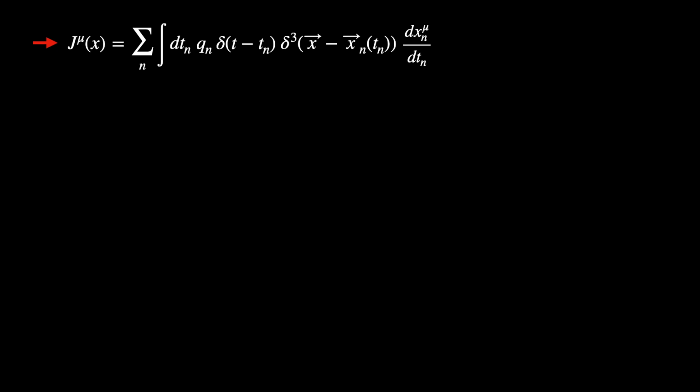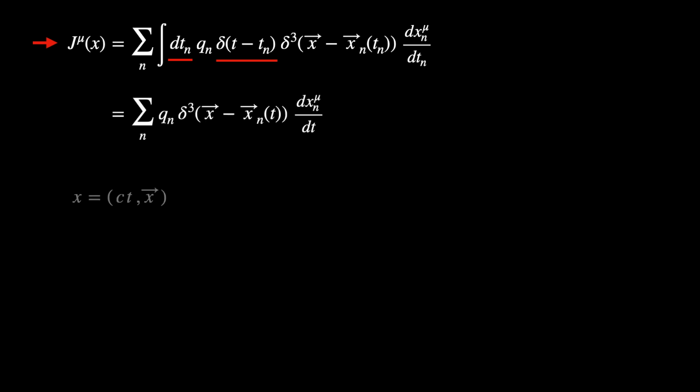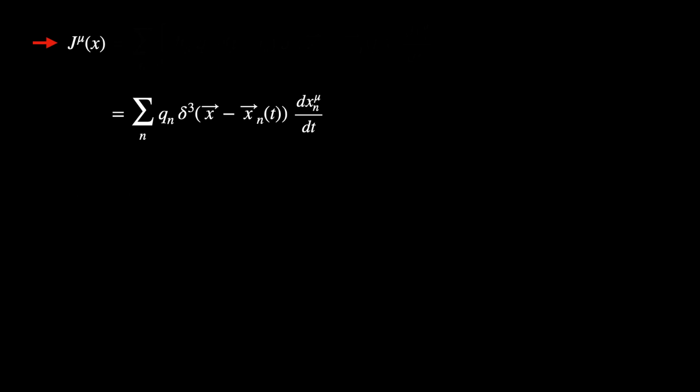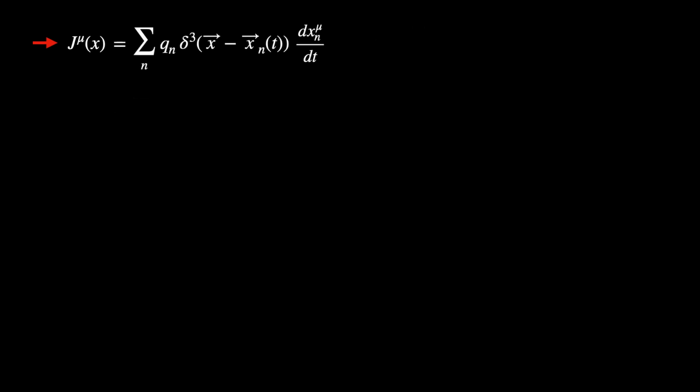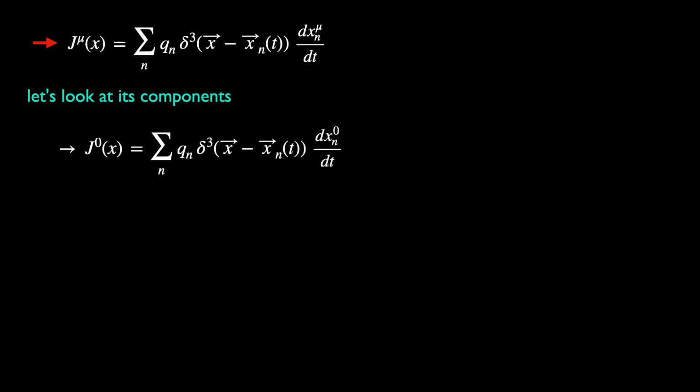To begin our proof, let's evaluate this integral. This delta function will replace all Tn with t. This is the time at which the current J is specified. Let's now examine the components of J, starting with the time component. What does J0 mean?